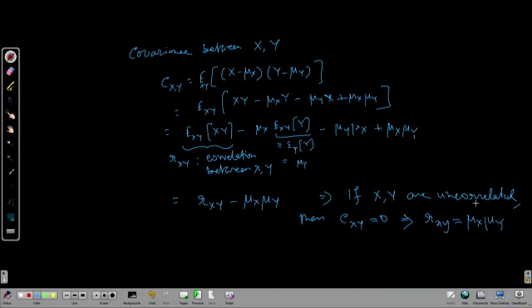Now, suppose X, Y are statistically independent. That means this joint density is the product of the marginal densities.